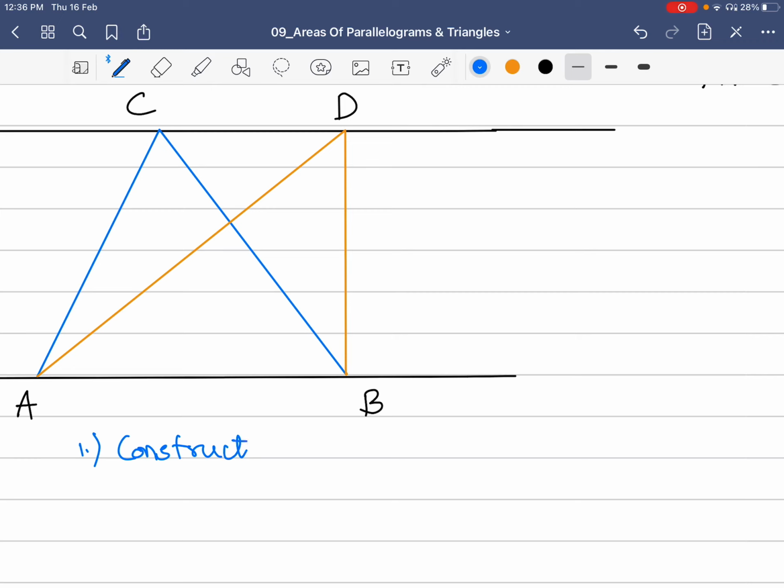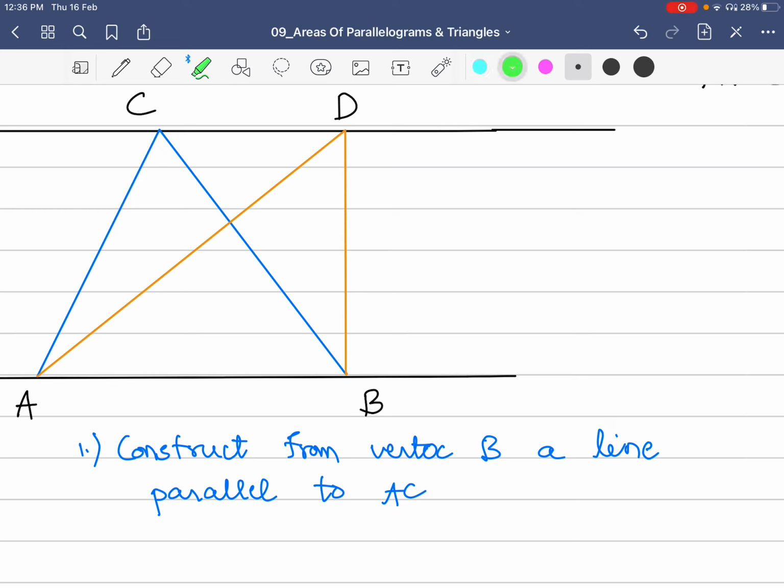Construct from vertex B a line parallel to AC. So I'm going to use a highlighter. This is my vertex B. From vertex B, I'm going to construct a line parallel to this side AC.